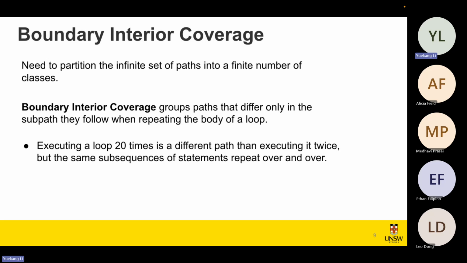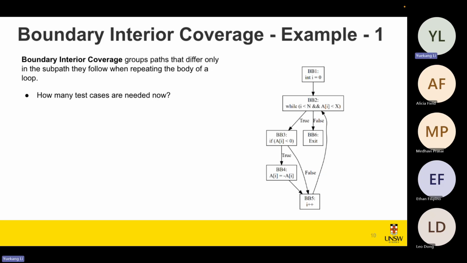The rationale is that we can execute the loop as many times as we want, right? And sometimes getting into the loop once or twice makes no difference from getting into it more times. So that is the rationale. Let's take a look at an example.